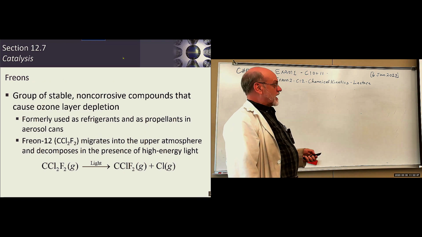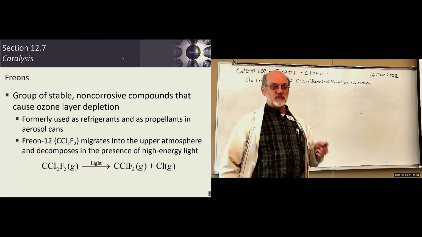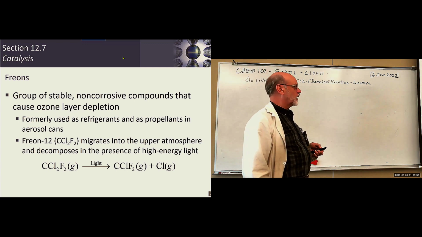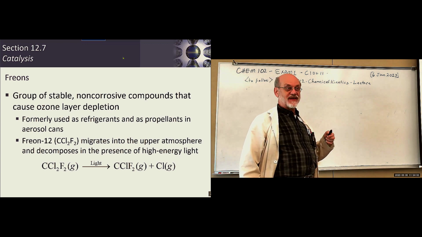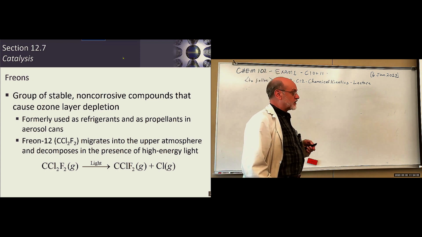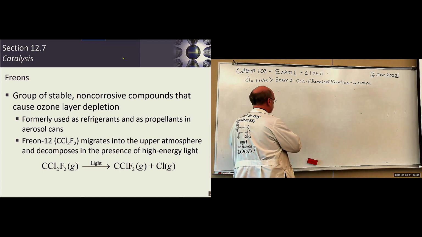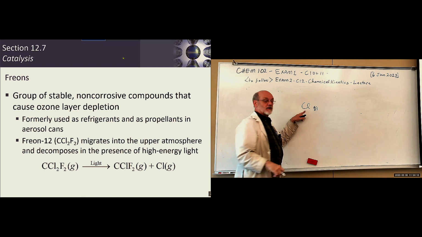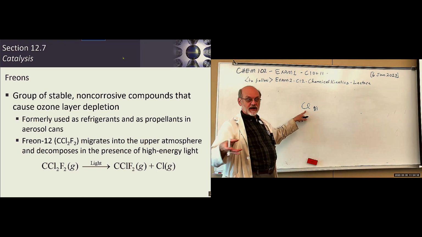This also happens with certain freons, refrigerants. The original Freon 12 was a difluoride of methane, substituted methane. And it was very good at decomposing into this gas, right? Normally, chlorine is diatomic, right? At room temperature and at 1 atmosphere pressure.